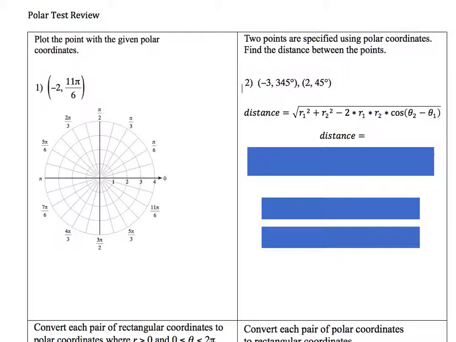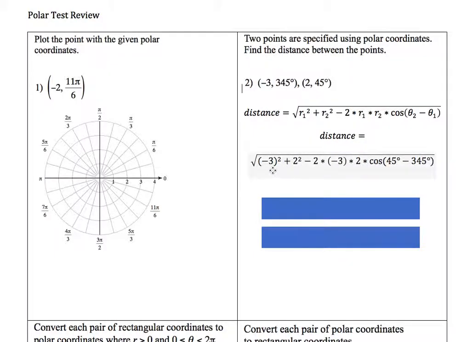All right, so for our distance formula, again, you have to use r1 and r2 and theta1 and theta2. But the nice thing is, because these are polar coordinates, they give it to you. So you just plug in everything that you need. And guys, please, please, please put this in the calculator.